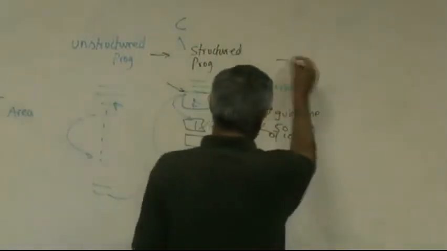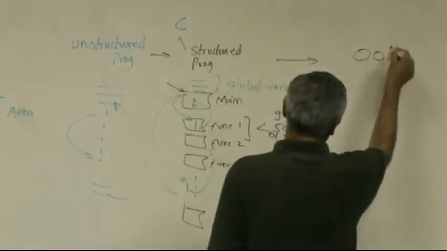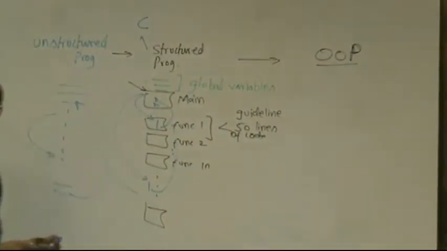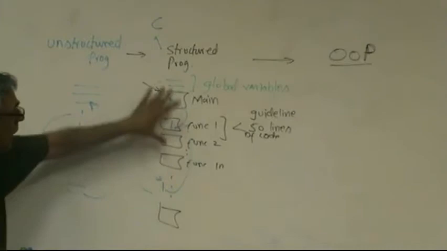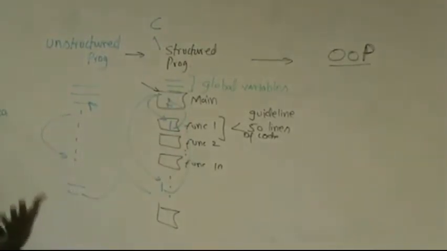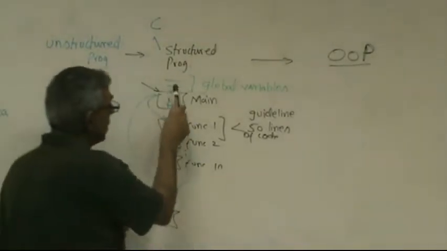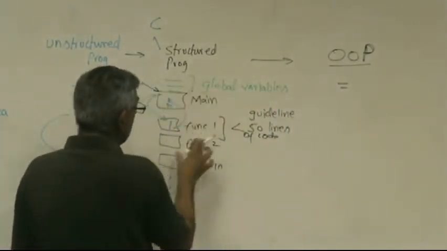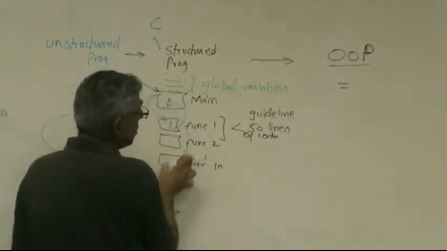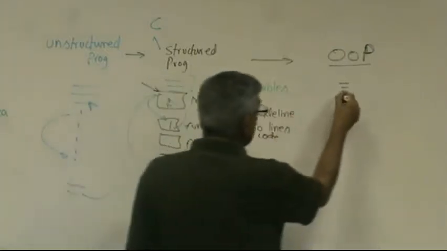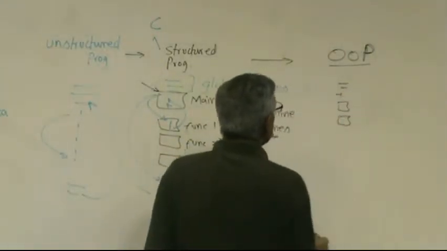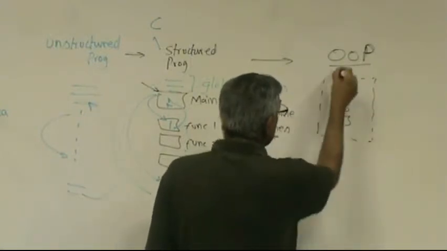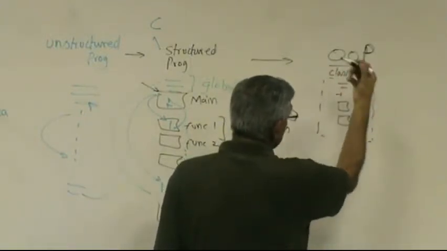So this is where we introduce the concept of object-oriented programming. Object-oriented programming essentially is a reorganization of the structured code where we take some of these global variables, and some of these functions or subroutines which are closely related to these variables, and package them into a virtual box, and we call it a class, and we give it some name.